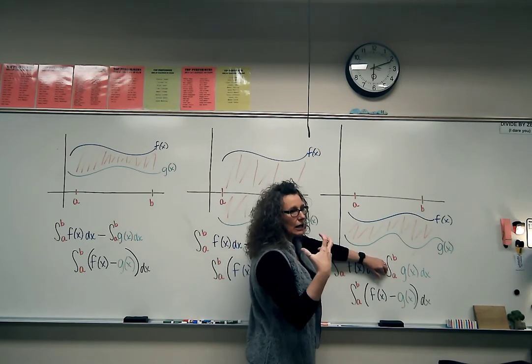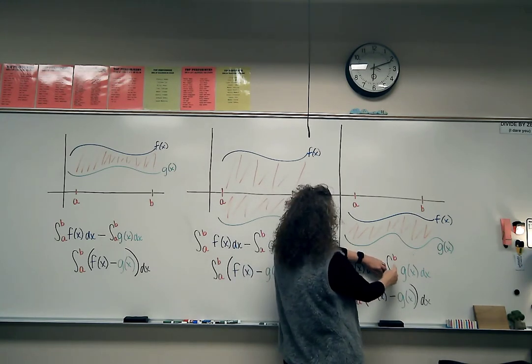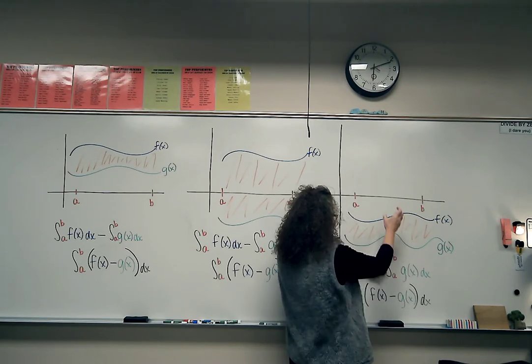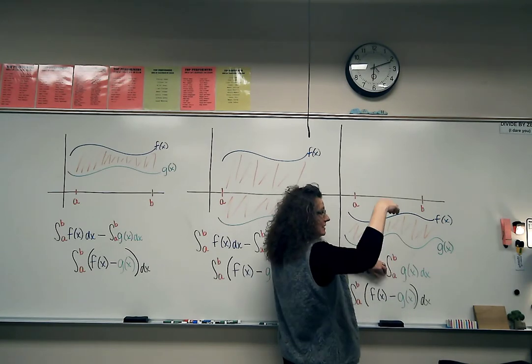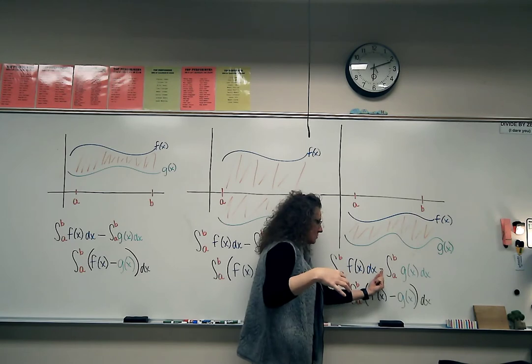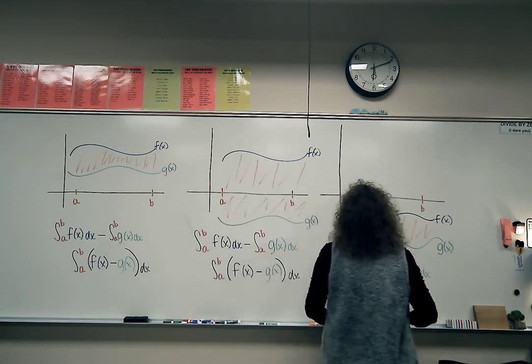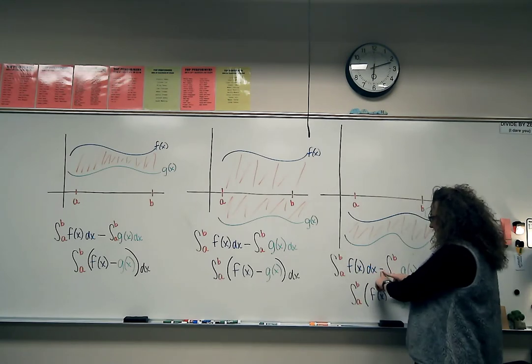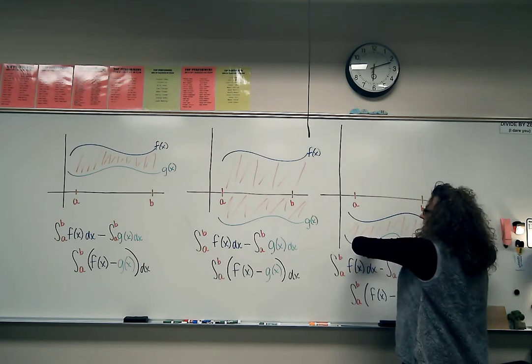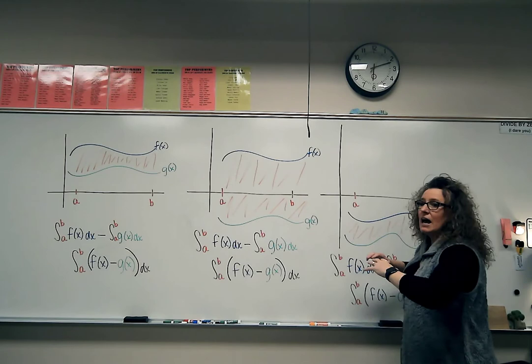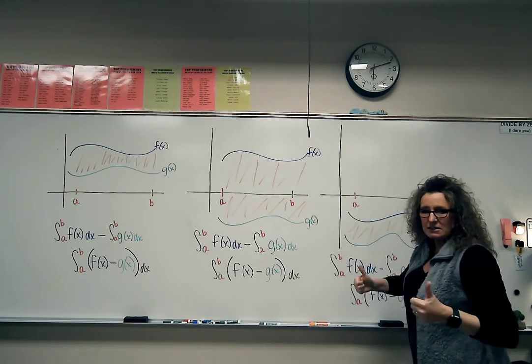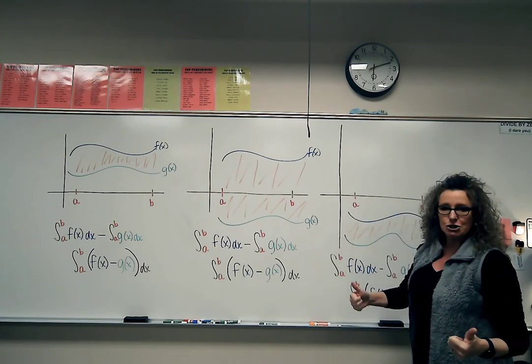I want area. So I need to take this area from g to the x-axis. The integral is going to give me a negative answer, and I want to do that to it to make it positive. Okay, great. So the negative in front of this integral gets me from here all the way to the x-axis, and it's positive. That's fantastic, but that's too much.